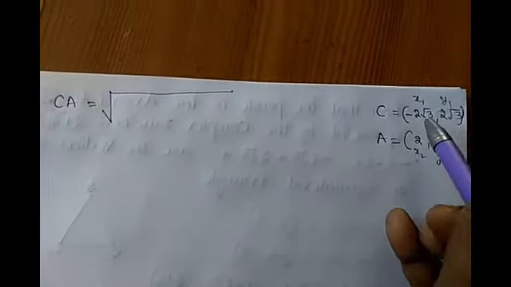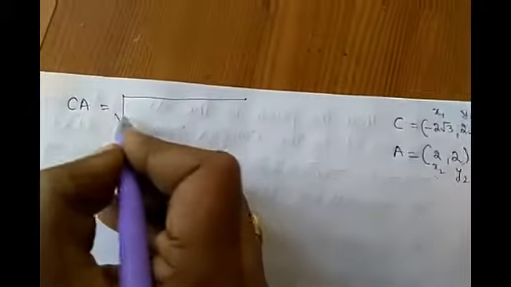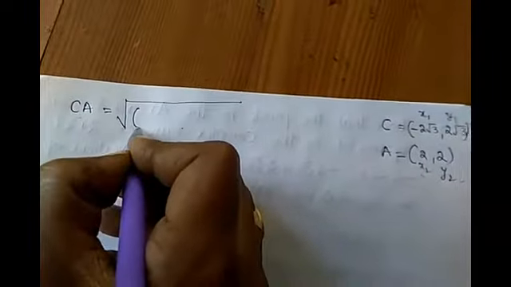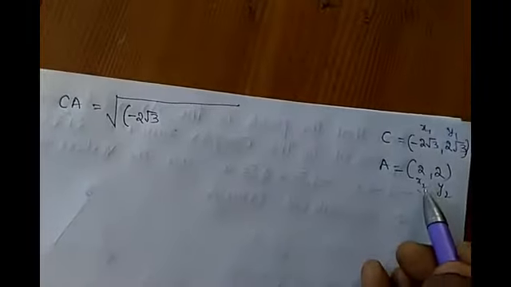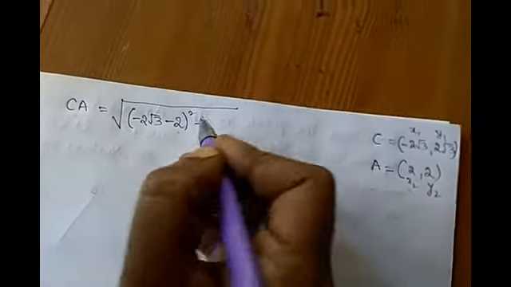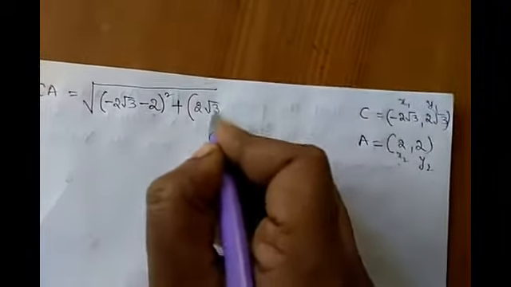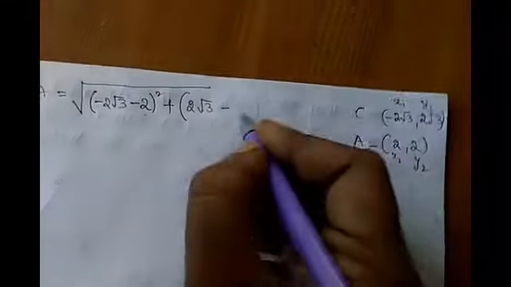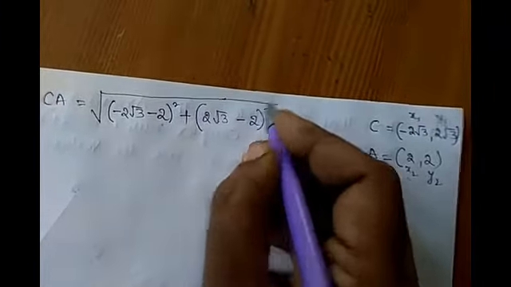Square root of x1 minus x2 whole square. x1 means minus 2 root 3 minus 2, x2 is 2, so minus 2 whole square plus, here y1 minus y2, y1 is 2 root 3 minus y2 is 2, so 2 root 3 minus 2 whole square.